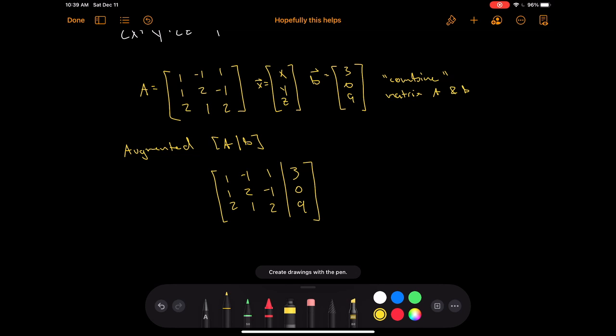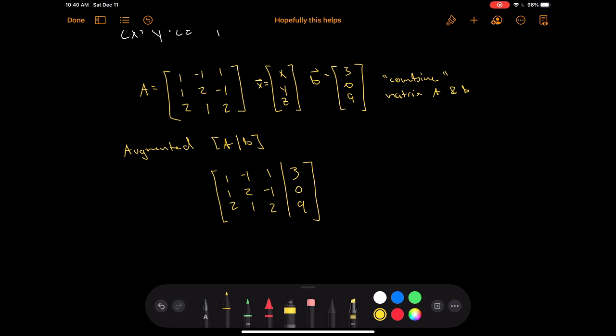From here, we can begin doing the row reduction. As I mentioned before, there are three things that you can do with row reduction. You could change the position of two equations, multiply one equation by some scalar constant that is not 0, and then add one equation with a multiple of another. I also mentioned that we want to get this in row reduced echelon form, which basically means as simple as possible.